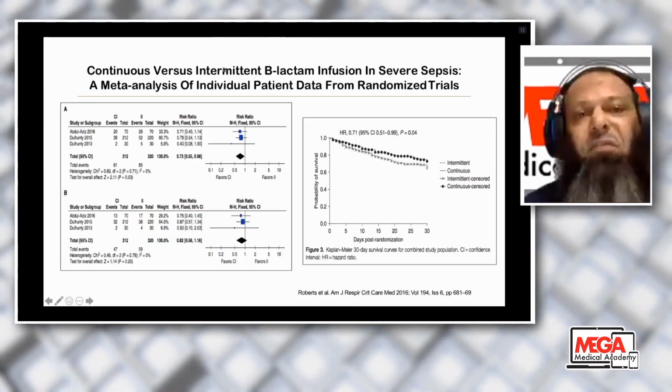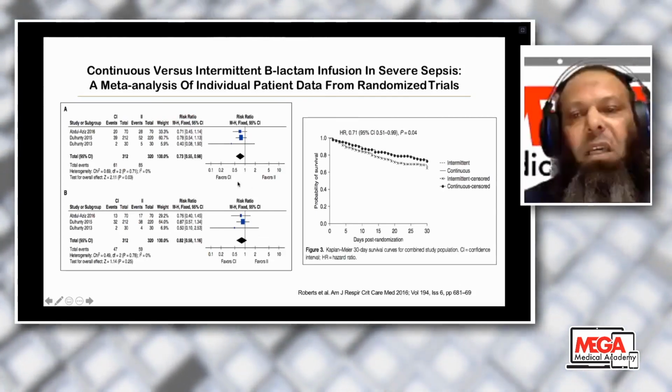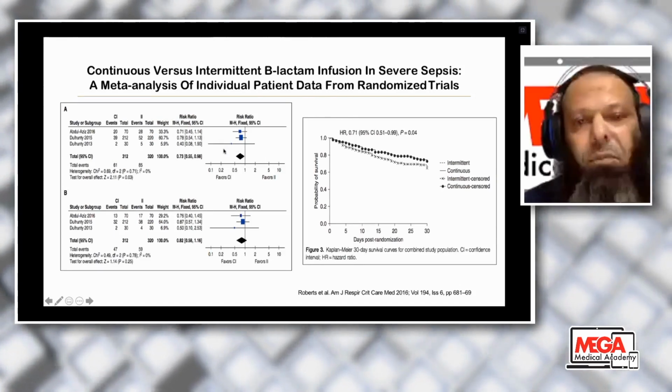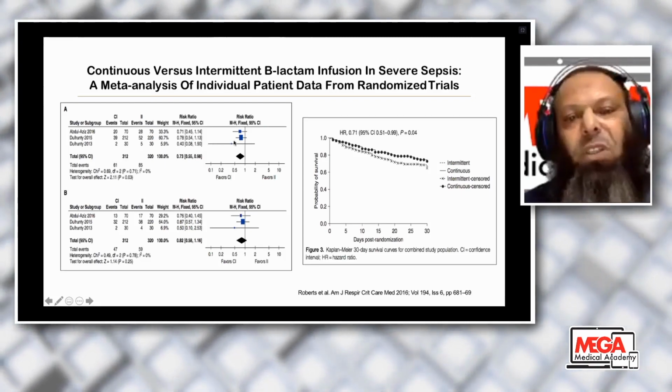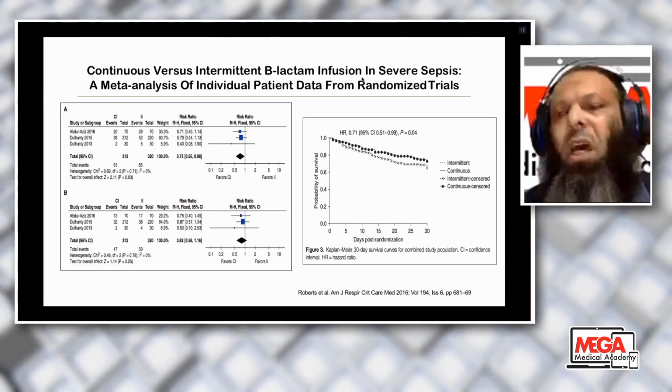This is a nice meta-analysis. It compared continuous versus intermittent beta-lactam infusion in severe sepsis. Here it is translated into a favorable outcome for both in-hospital and ICU mortality with the continuous infusion.